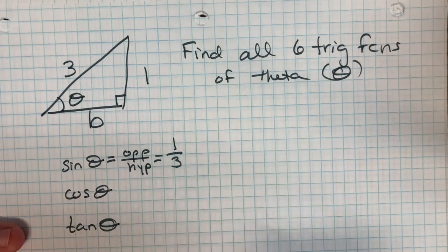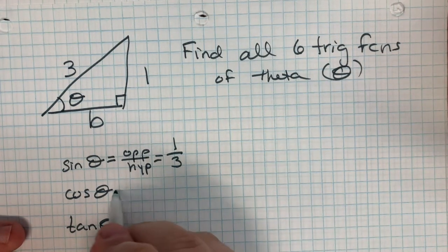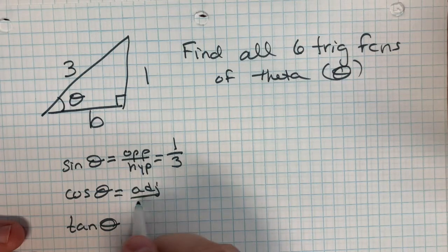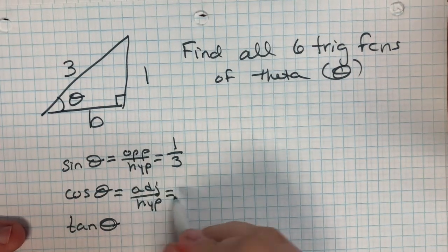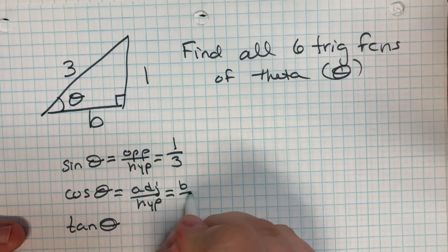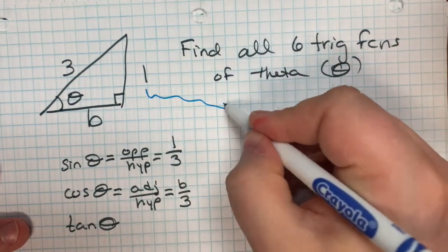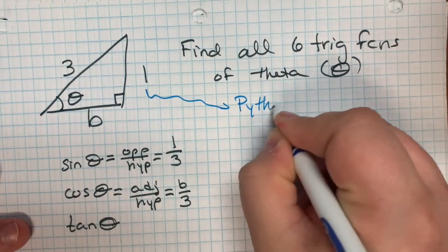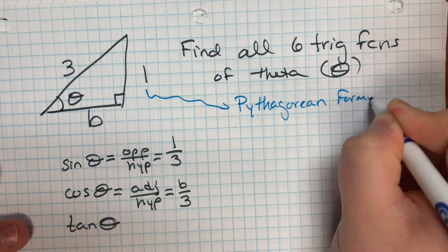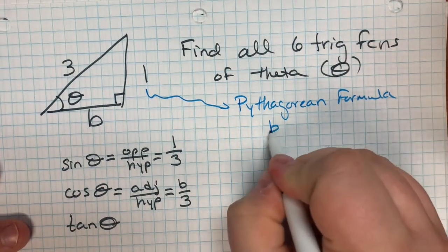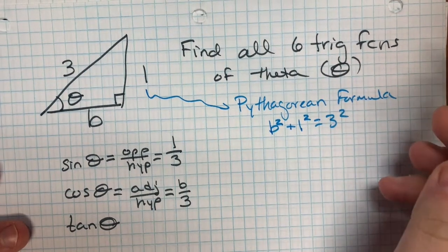And sine is SOH, opposite over hypotenuse, 1 over 3. Cosine is adjacent over our hypotenuse. Well, adjacent is B, and our hypotenuse is 3. Well, we can use our Pythagorean formula, which says that B squared plus 1 squared equals 3 squared.